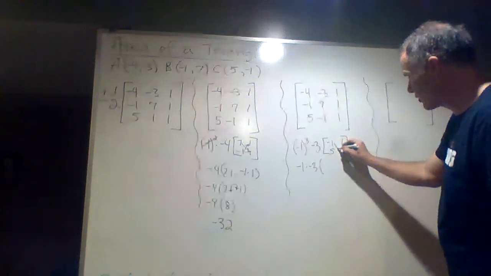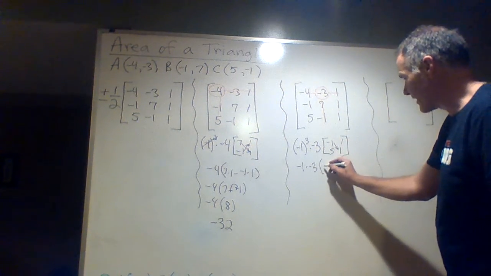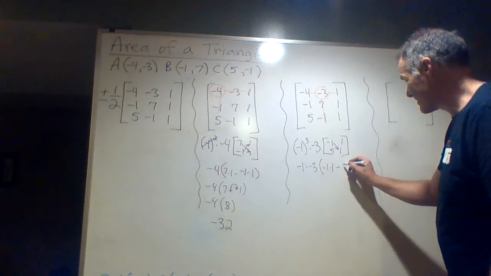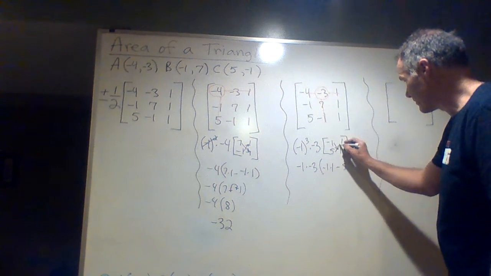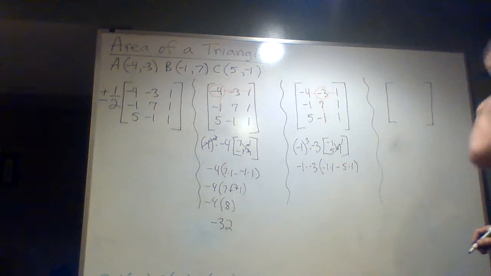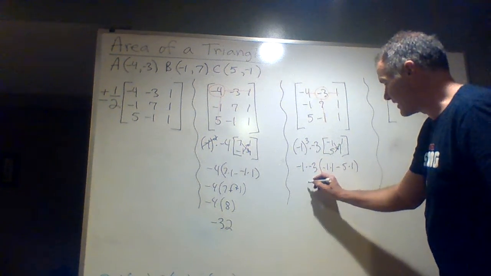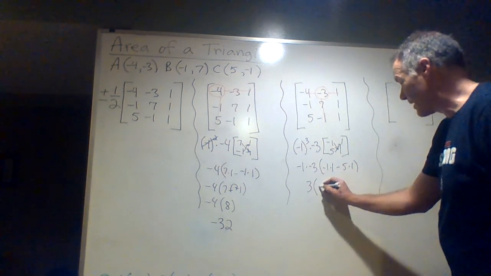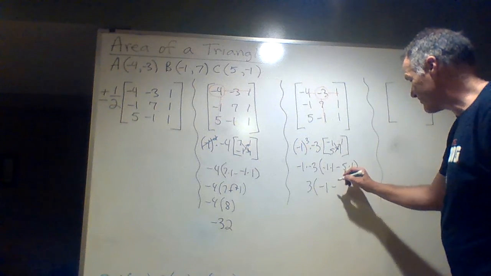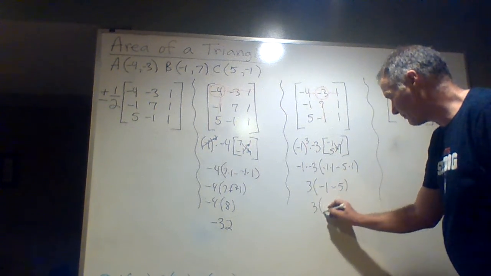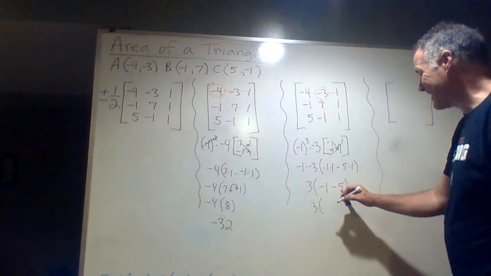Okay, and then when I do the crisscross here, -1 times 1 minus 5 times 1, crisscross, 5 times 1. Okay, now -1 times -3 is going to turn to a +3. -1 times 1, -1 minus 5 times 1 is 5. -1 minus 5.